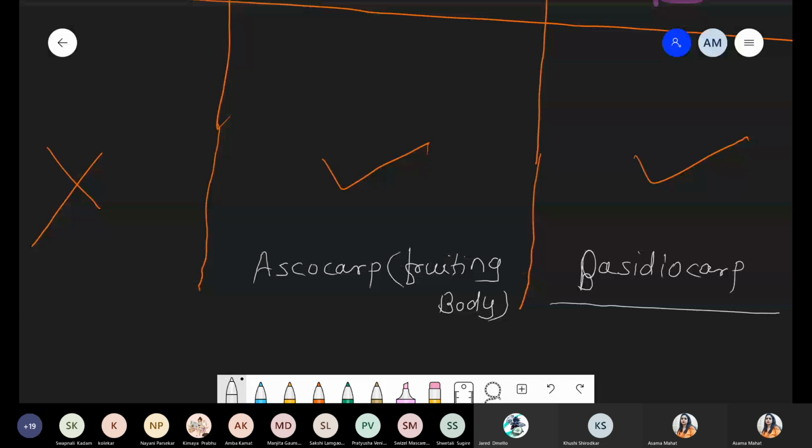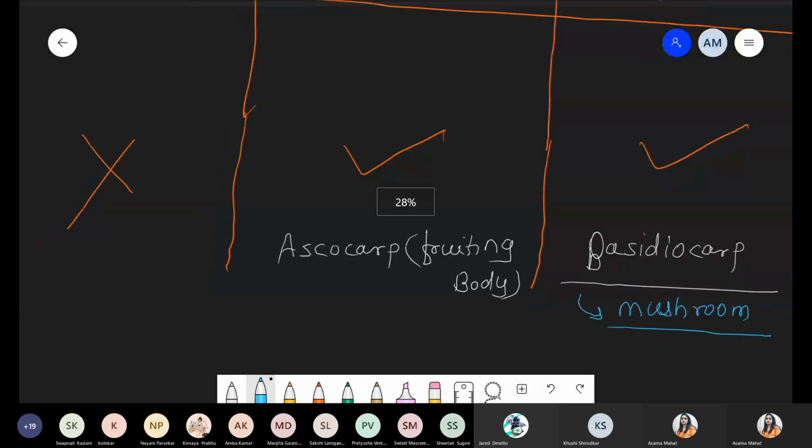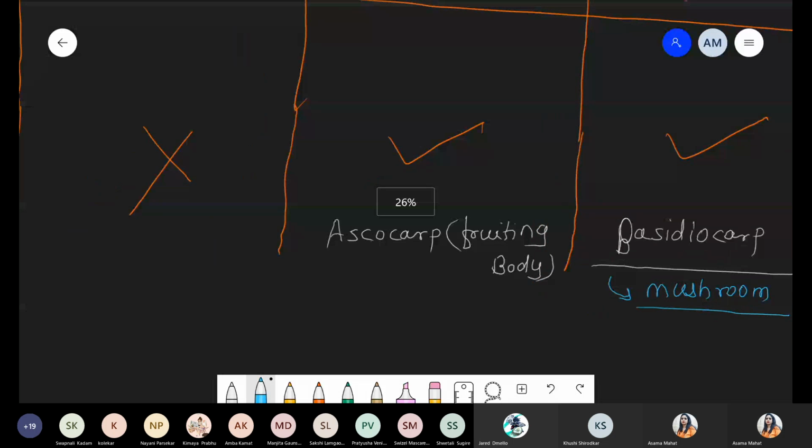A beautiful example of the basidiocarp is the mushroom. That entire structure of the mushroom is an example of the basidiocarp, the fruiting body. Done. So absent, absent, absent, present, present. Under ascomycetes, ascocarp, and under basidiomycetes, basidiocarp. Done.